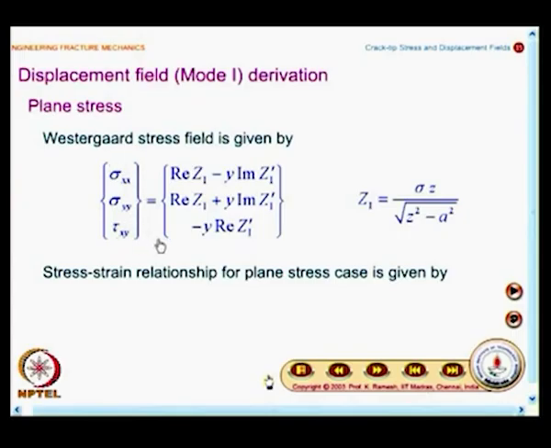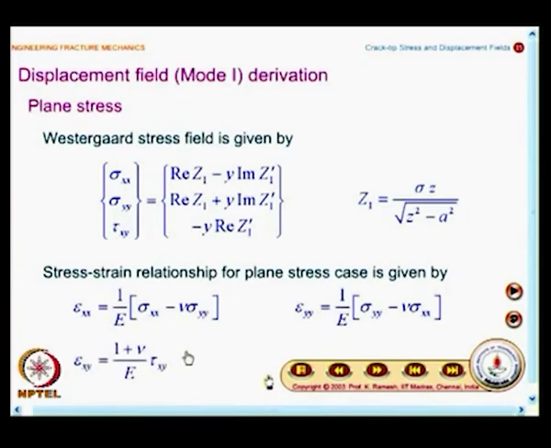From stresses we will get the strain components. The stress strain relationship for plane stress is given as follows, and you have to be very careful in putting the appropriate stress quantities. So epsilon xx equal to 1 by E into sigma xx minus nu times sigma yy. Similarly, you can write for epsilon yy as well as epsilon xy.